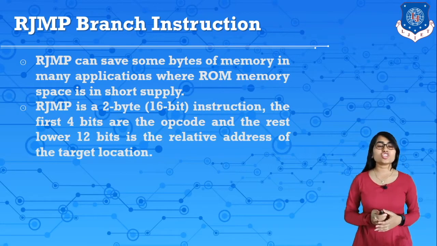RJMP is a 2-byte, that means 16-bit, instruction. The first 4 bits are for the opcode and the remaining lower 12 bits are the relative address of the target location.